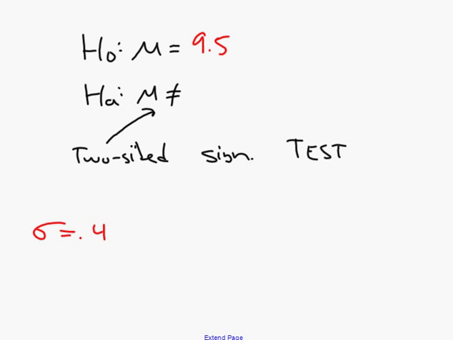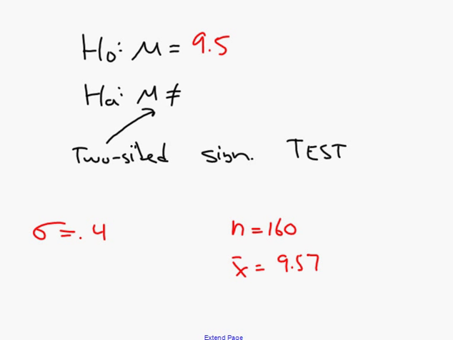A clinic in rural Guatemala measures the blood calcium level of 160 healthy pregnant women during their first prenatal visit. So n is 160, that's our sample size, and their blood level's been measured. And the mean of these 160 people is 9.57 grams per deciliter.